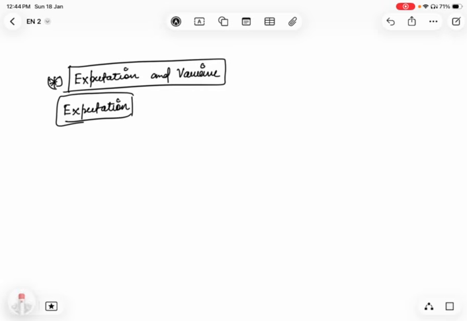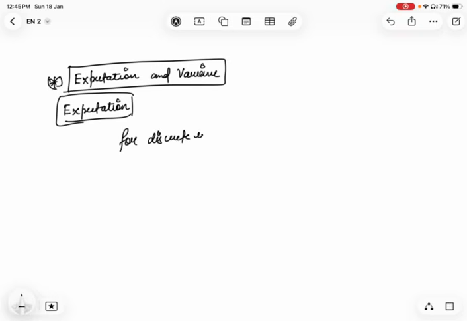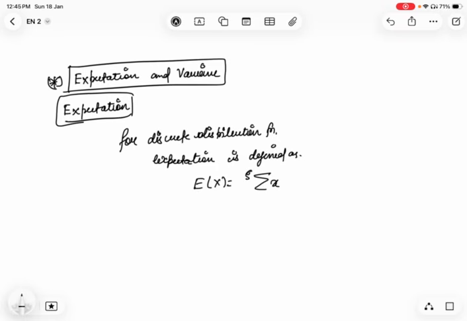For a discrete distribution function, expectation is defined as the sum of x px.